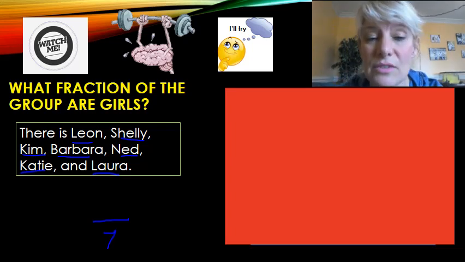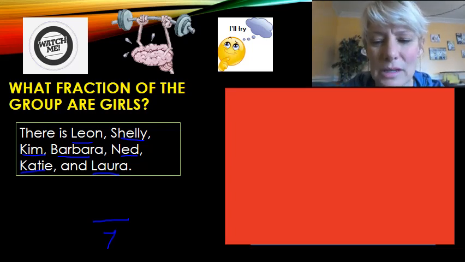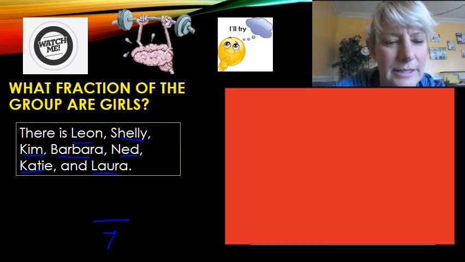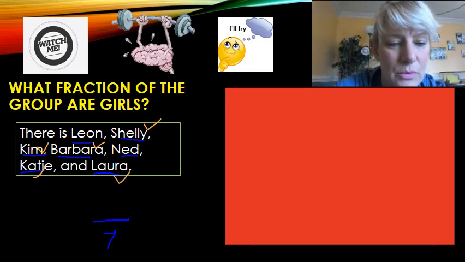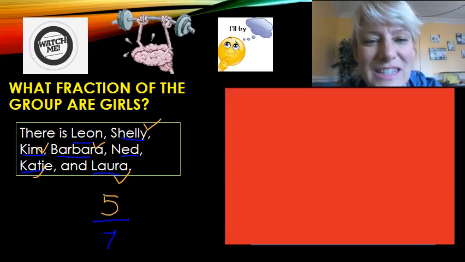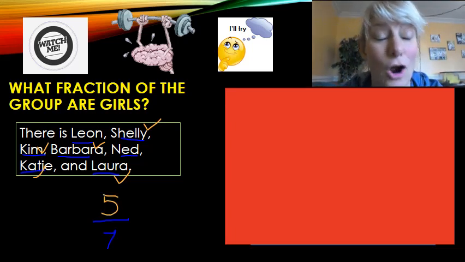So I have a total of 7 people. All right, but how many of these are girls? Let's see. Shelly is a girl, Barbara is a girl, Kim is a girl, Katie is a girl, and Laura is a girl. So I made 1, 2, 3, 4, 5 check marks. So 5/7 of my group are girls.